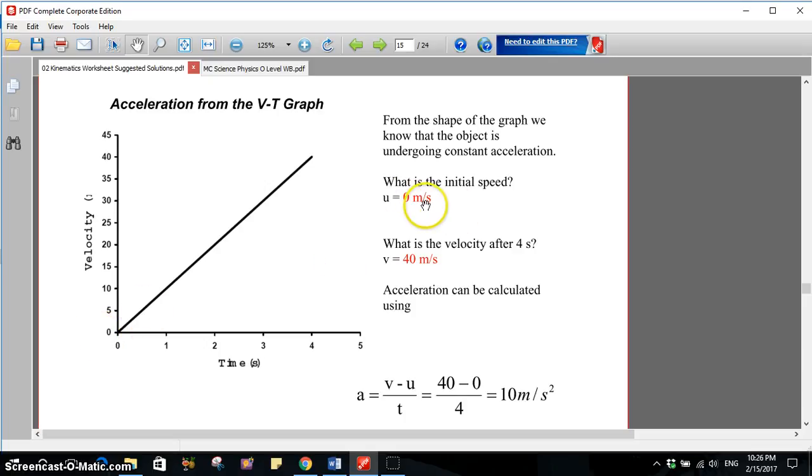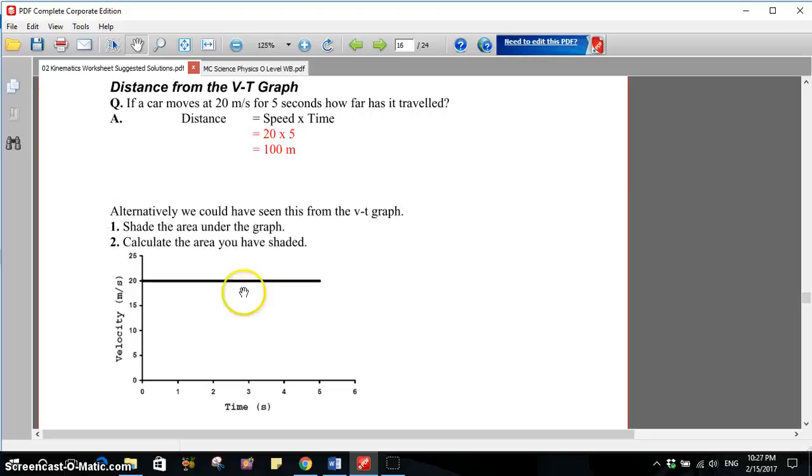So u is 0 meters per second. You end at 40, so v is 40 meters per second, and between the two velocities, it is 4 seconds away. So you just apply this into your a equals v minus u over t. You can get your answer in the same manner as your gradient formula from mathematics.